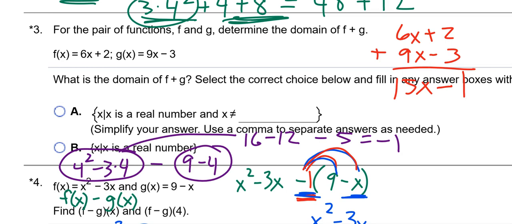All right. Now, here's my question. Do you see any denominators? No? Is there any number in the universe that you can't multiply by 15 and subtract 1? Absolutely not. So the answer to this question, is it going to be A or B?